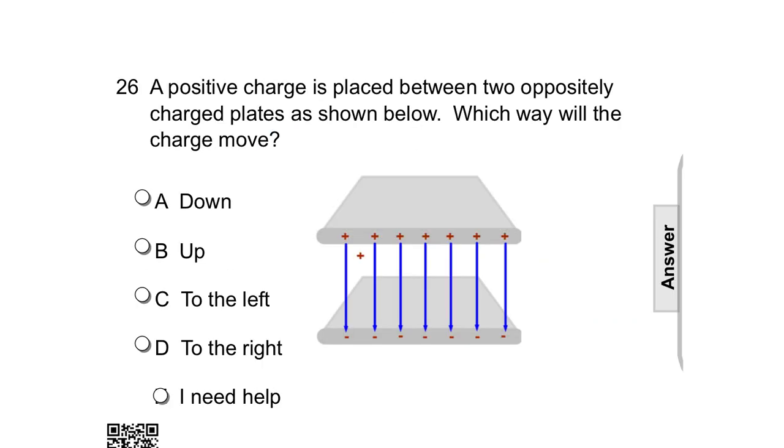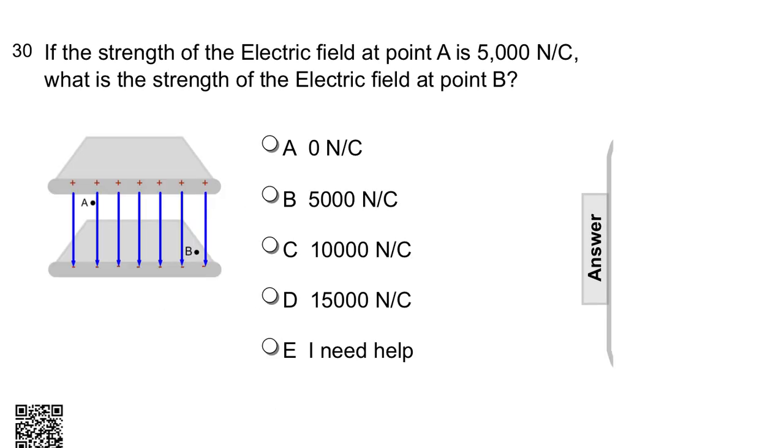Okay, this is a good one. A positive charge is placed between two oppositely charged plates as shown. Which way will the charge move? Well, duh. Positive charges always move along the field lines, or from plus to minus. So in this case, it'd be down. It's the strength of the electric field. Okay, so that's E. What is the strength of the electric field at point B?